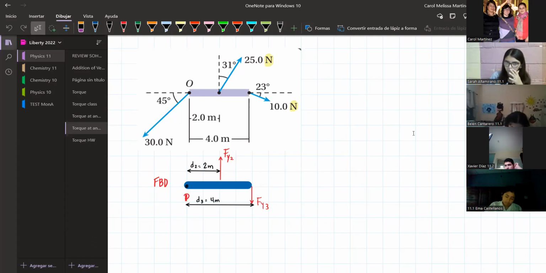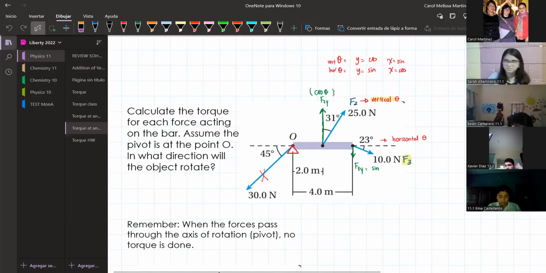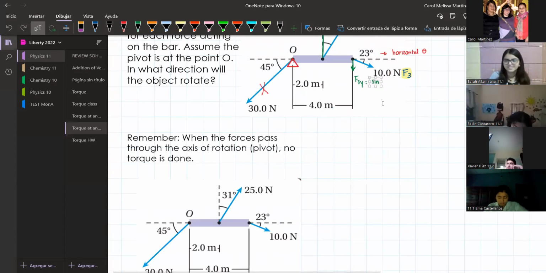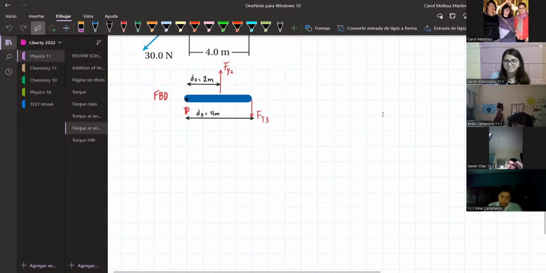So the first step that we used to do, converting from mass to weight, we're not gonna do it in this exercise because the forces are already in Newton. Now, from the prior analysis, we know that we need to get the F2y with cosine and F3y with sine. So I'm gonna calculate the vertical components. That's going to be my other step.